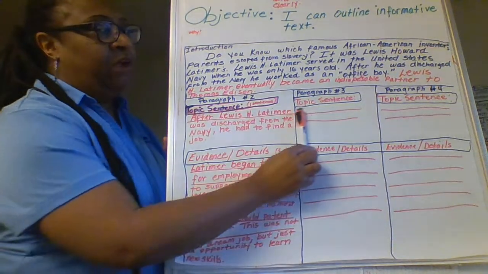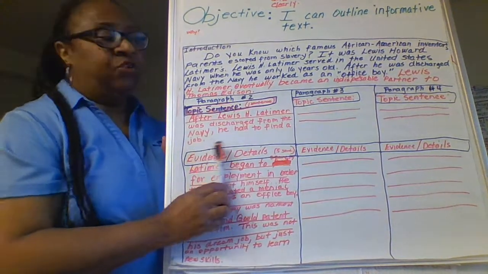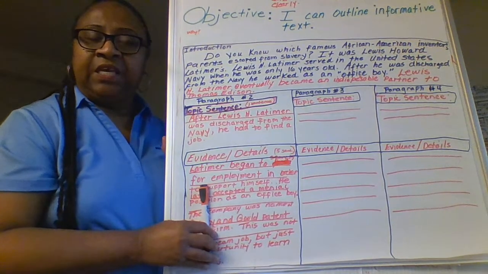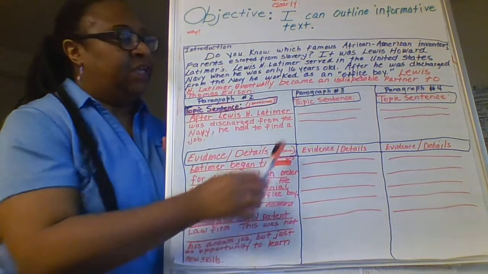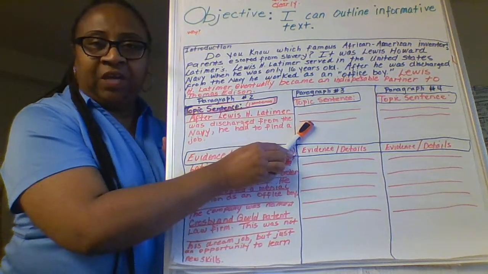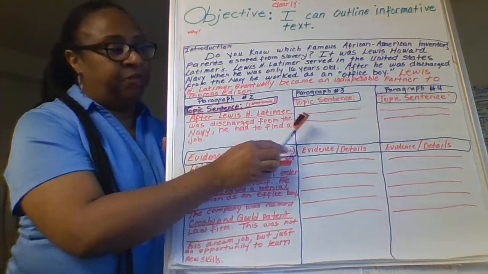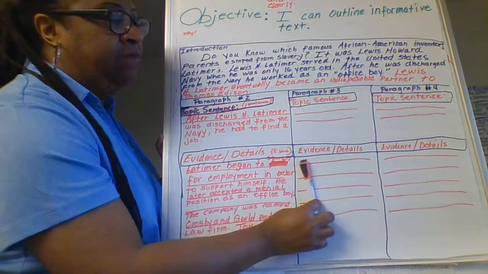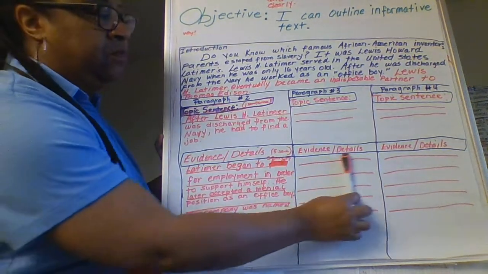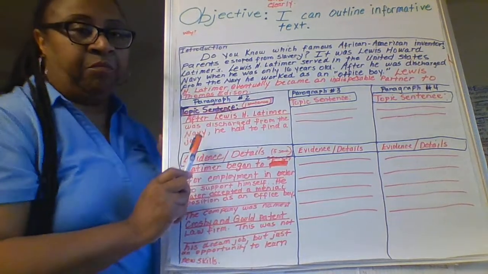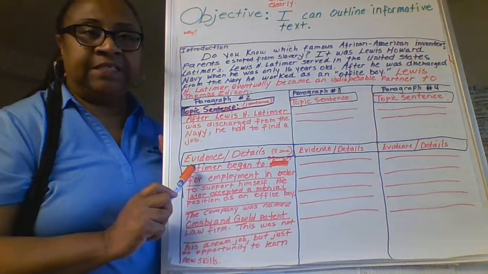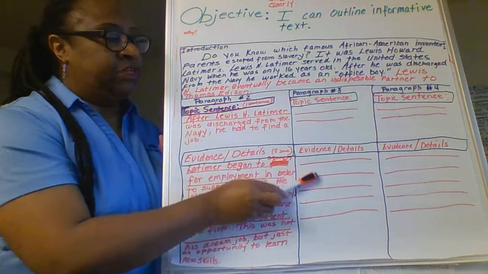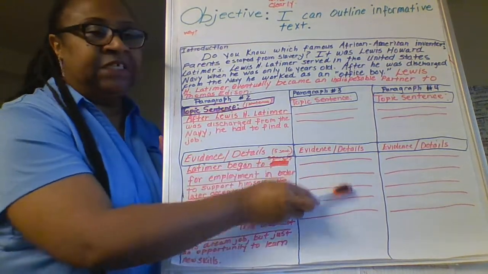So, if you write, Makai, your topic sentence that Lewis learned many new skills in his new job, and that is perfectly okay as a topic sentence, then what will we need to write here in the evidence column if we use that example for a topic sentence? Who could tell me what we would need to write in the evidence and details section?